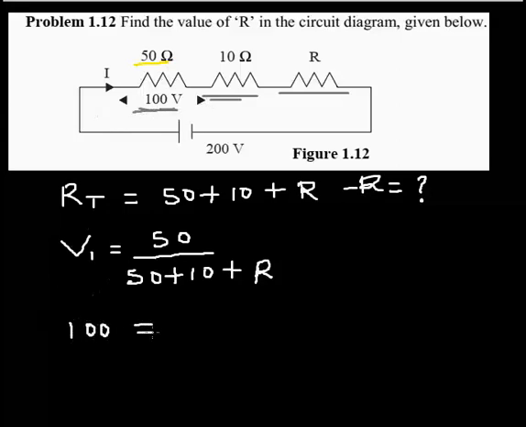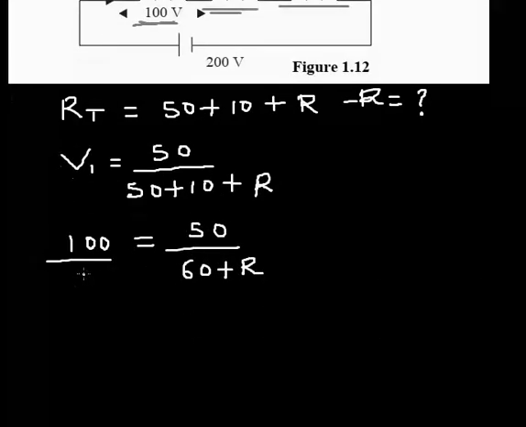So 100 all over 50, then divided by 50 plus 10 is 60, 60 plus R. That way now I can cross multiply so that I'll be able to get R. If I cross multiply 100 multiplied by 60, that gives me 6,000, then plus 100 R, equal to 50 times 1, that's going to be 50.